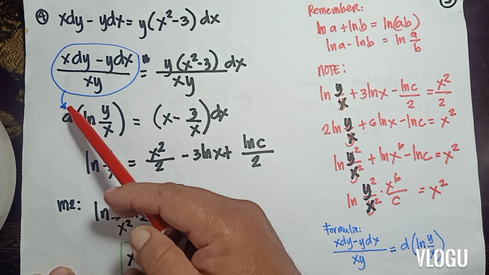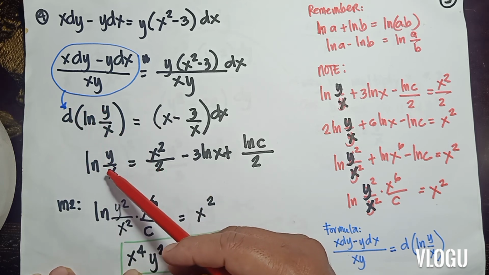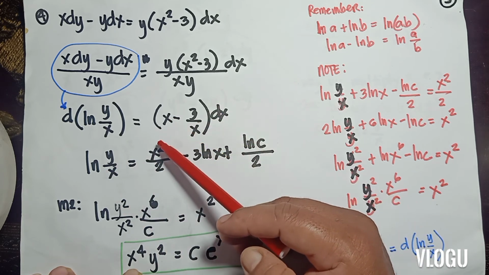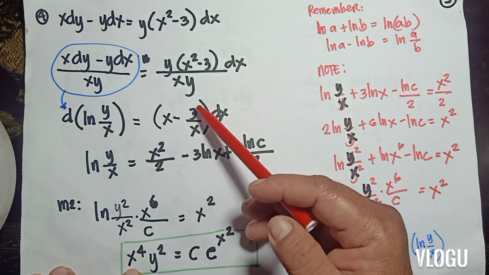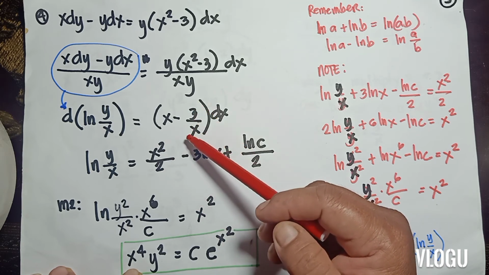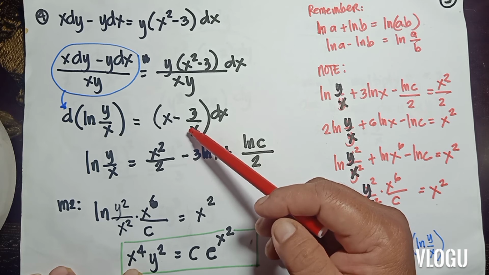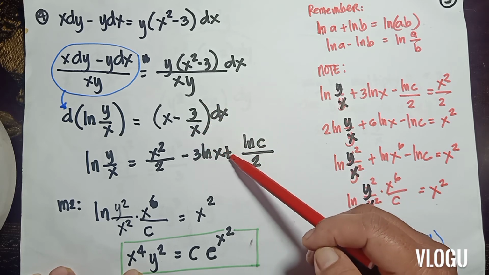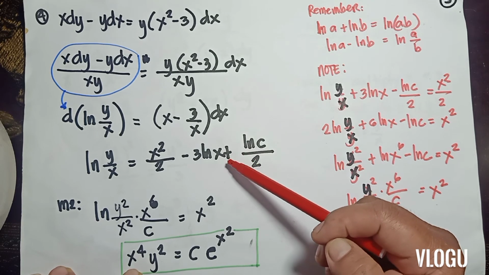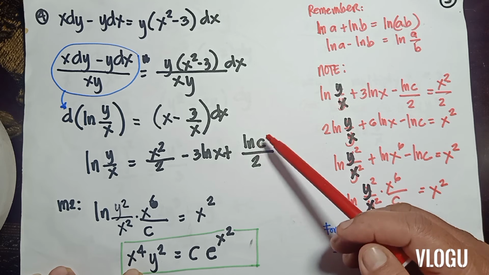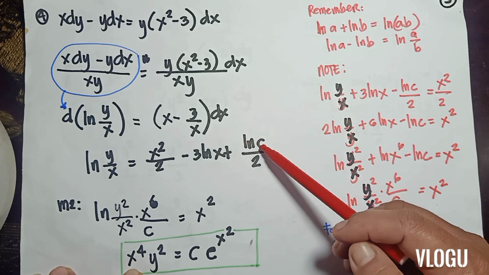Then here, the integral of x is x squared over 2. The integral of 3 over x is du over u. Remember that one? That is 3 ln of x. Plus, I have told you a while ago, if you have ln, your c must be ln too. So, plus ln of c.